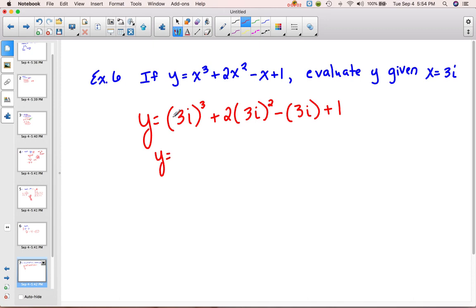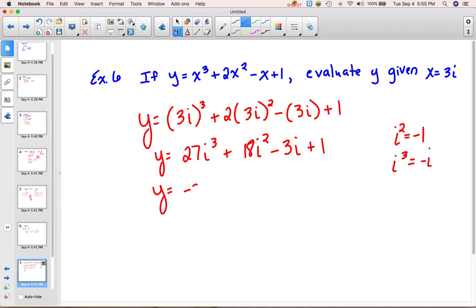Don't forget, you have to cube the 3 also, so this gives me 27i cubed. I have to square the 3, which gives me 9, times the 2 is 18, so I get 18i squared minus 3i plus 1. So now I can make some substitutions, because remember that i squared is -1 and i cubed is -i.